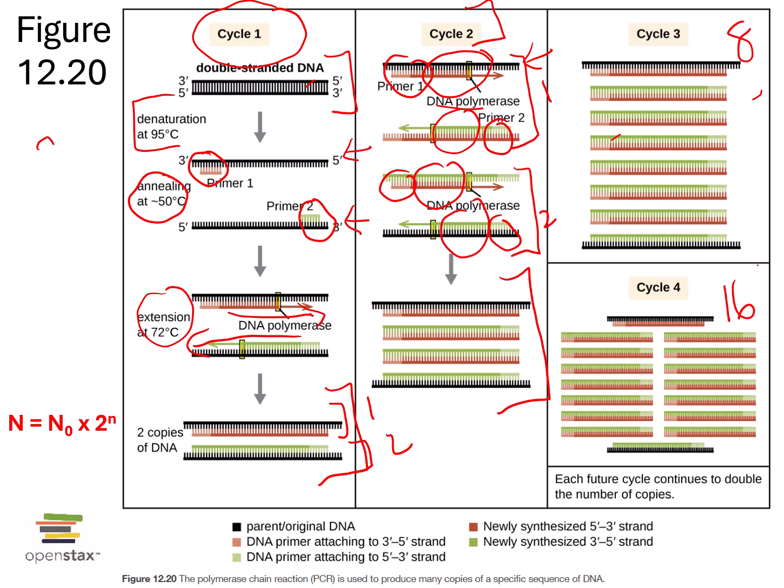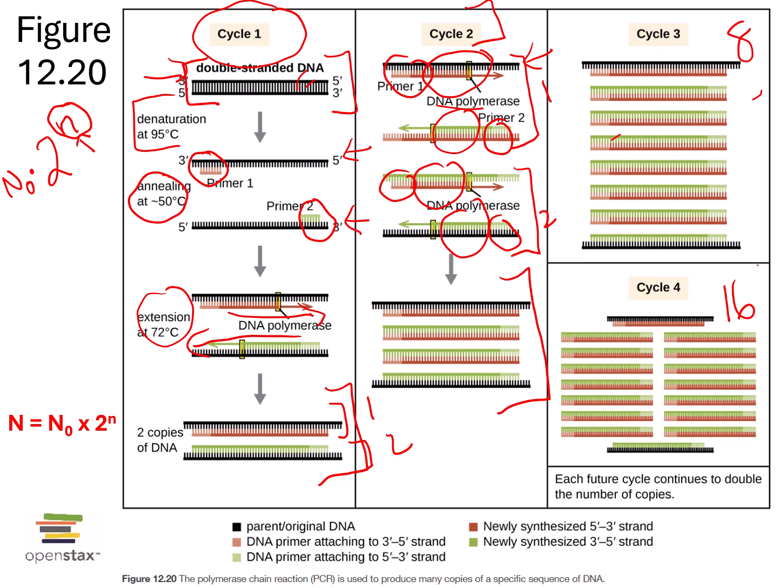So it looks like my generation time calculation from one of our previous lectures. And the same thing would be true where you have your initial number of DNA molecules. So here I only had 1. And the small n over here represents how many cycles of PCR you're going through.